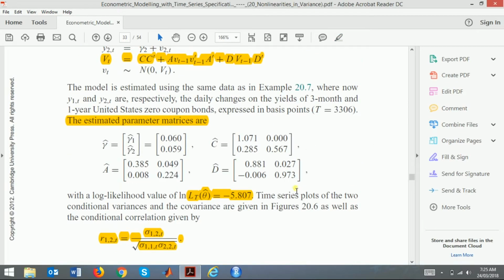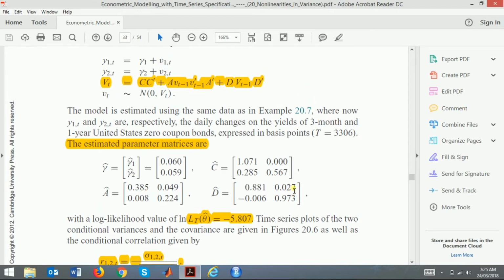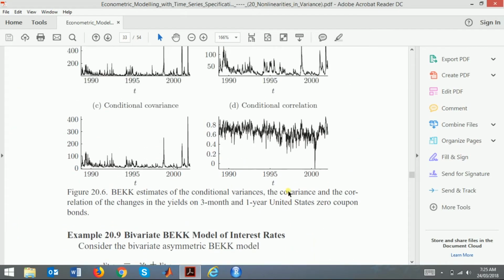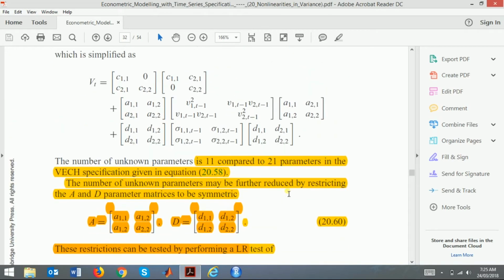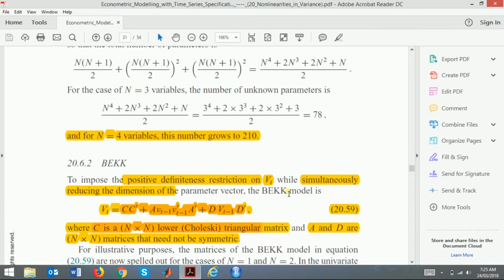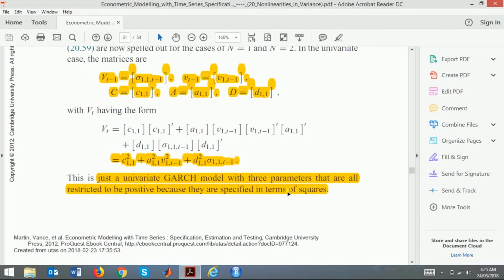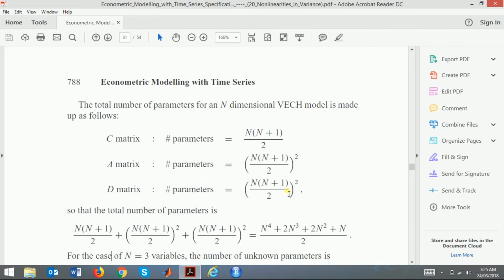So conditional variances are located diagonally, covariances located off-diagonally. When they are not there, they become symmetric. Have a look just to revise where the variances lie and where the covariances lie, right?